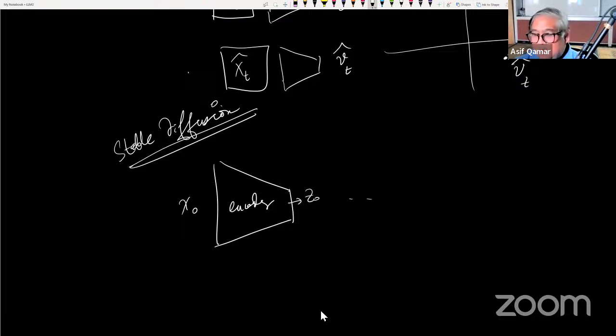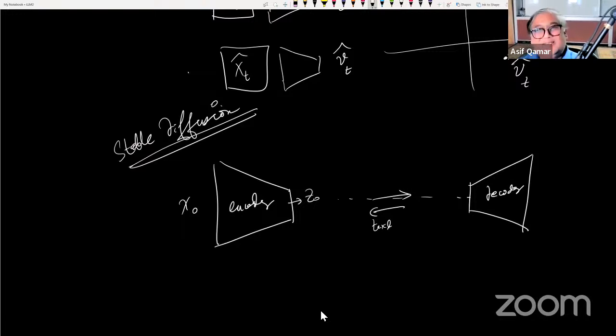Then you do all of this back and forth Markov chain for training, with text grounding and everything. You play this game in this space, and then you have a decoder from a latent state to the image. Does it make sense, guys? You only work in the latent space, and at the last moment, you decode.